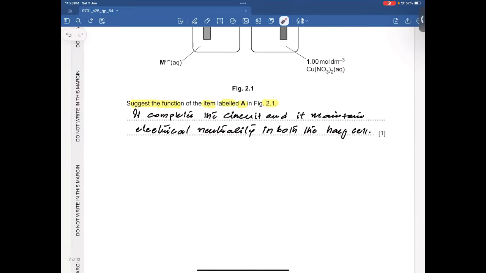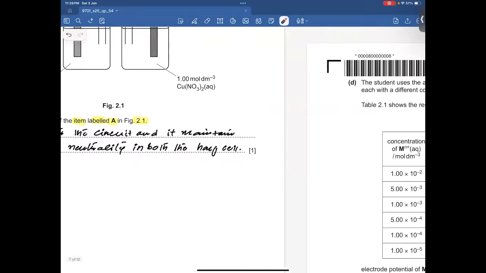By the way, we have discussed how to balance electrical neutrality in both the half cells. You need to remember that. If you don't remember this point, you need to go to the electrochemical cell topic in A2 lectures on my YouTube channel, and you can learn it from there. You will get the idea how to go about the electrical neutrality in both the half cells. How can we balance these two things?